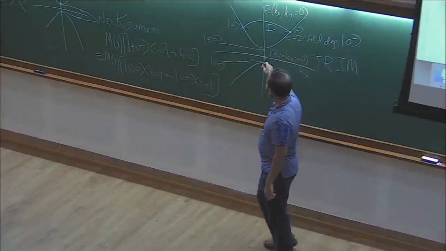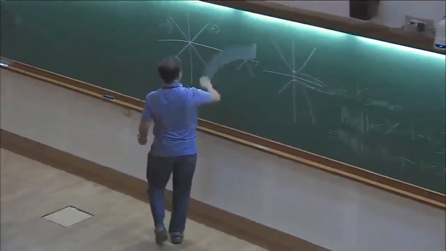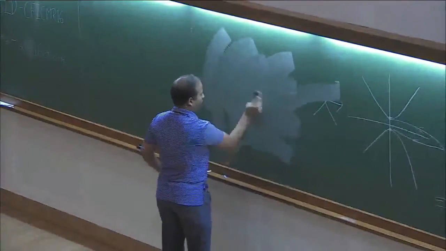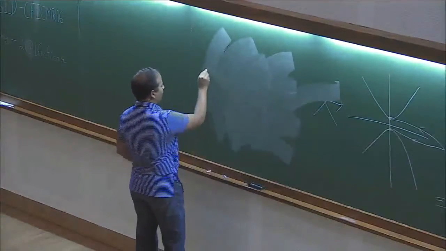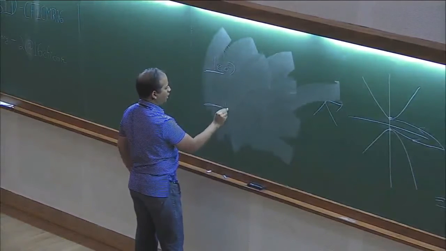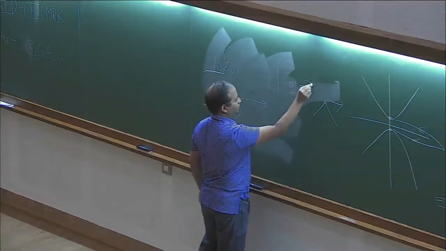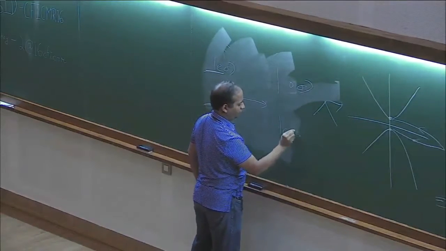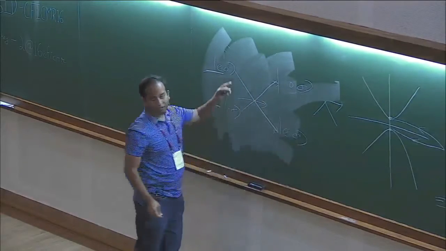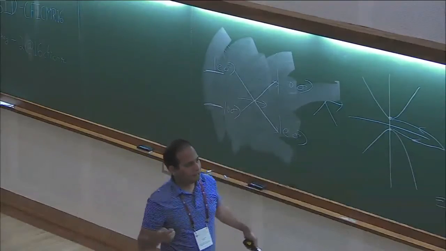Then the mass change looks like going from a situation where I have even at higher energy, odd at lower energy, to odd at higher energy, even at lower energy. So when mass changes sign, the even one goes down, the odd one goes up.